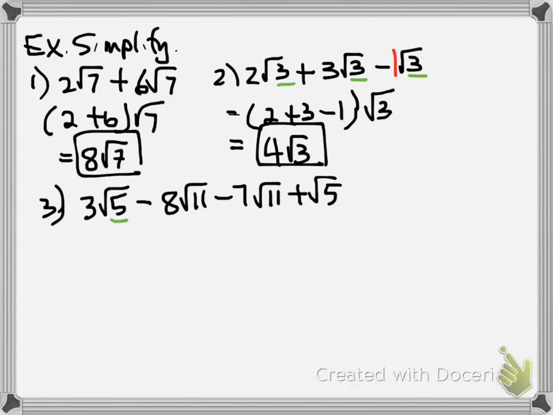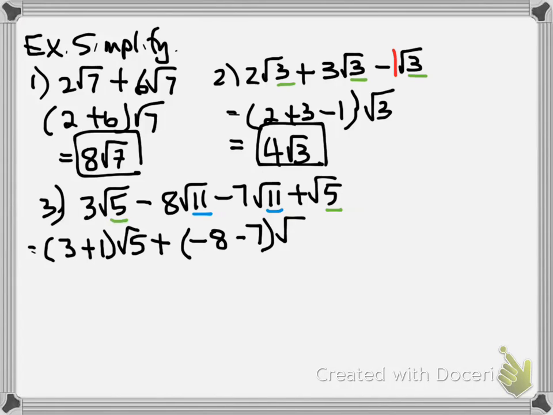We have 2 with a radical 5, and 2 with a radical 11. So we can put our radical 5s together, that's a 3 plus a 1 radical 5. And we can put the radical 11s together, that's a negative 8 and a negative 7 radical 11.